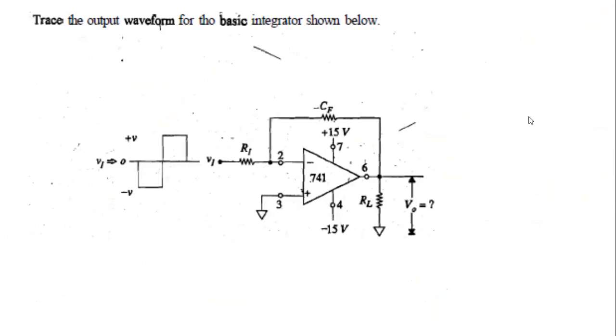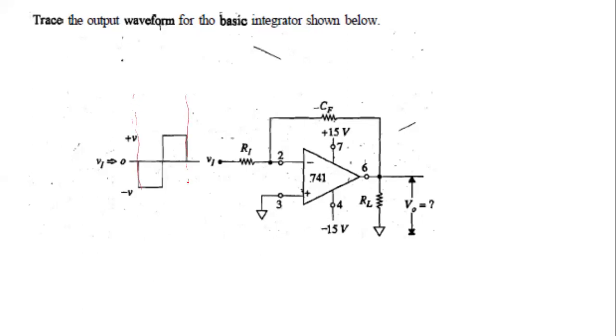If you differentiate a cosine wave, you have minus of sine theta. If you integrate sine theta, it will result in minus cos theta, you know, right?